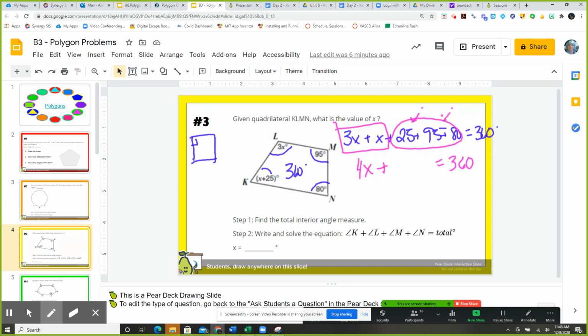Okay. Now, how do I solve that equation? Yep. Divided by 160 or divided by 4?